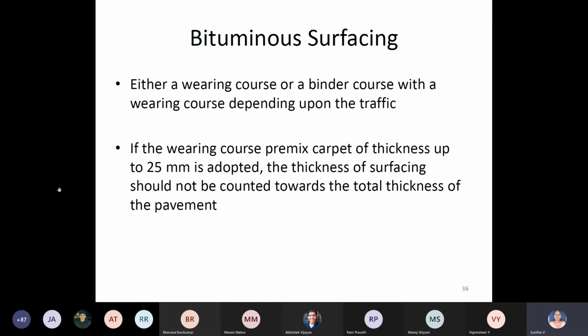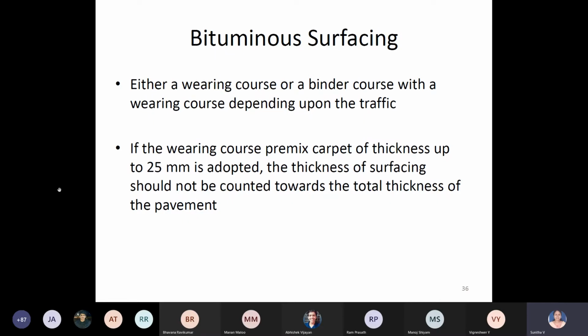mm or lesser than this, then while calculating the total thickness of the pavement, you need not consider this 25 mm thickness. Suppose your sub base course is 200, then your base course is 100, and a wearing course of 25.